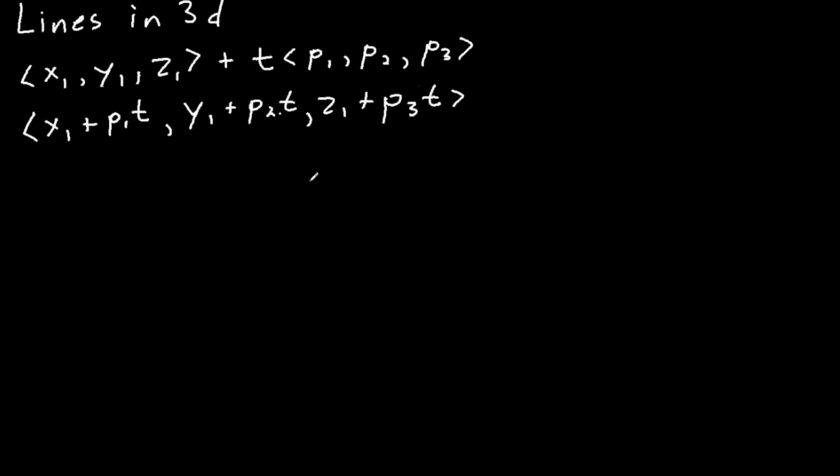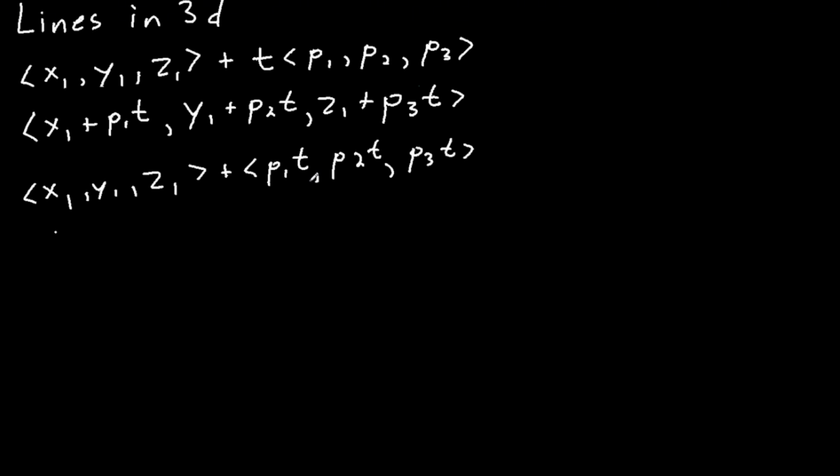But the reason why I put the t here is because imagine you're distributing this t along every single one of these. And honestly, I'll show you how I distributed it. I'm going to write down the previous form, x1, y1, z1, plus, if you distribute the t into every single p value here, you just get p1 of t, p2 of t, and p3 of t.